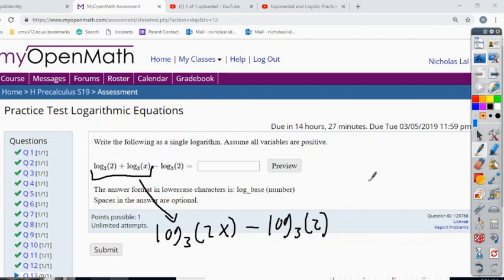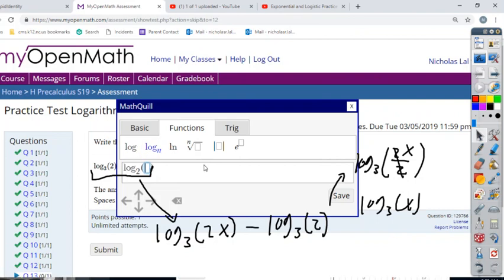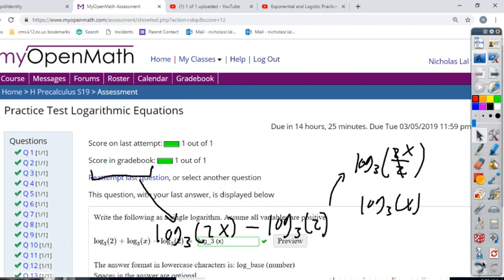And now you have to use the quotient rule to find that the log base 3 of 2x over 2 will simplify just to the log base 3 of x. So the 2's cancel out. So the quotient rule, you just got to know that from your notes and then apply it. You find the log base 3 of x. All right, that's the answer.